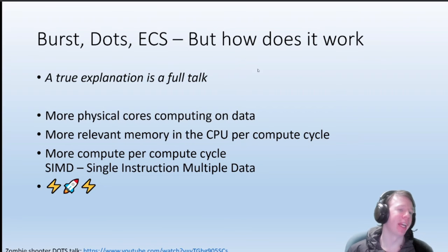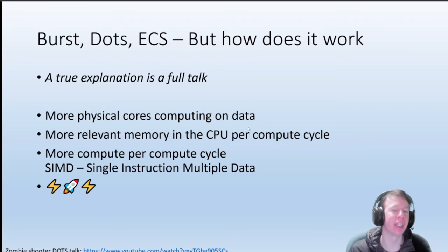If you're wondering how this works, like how is it magically 1,000x faster? One of the main reasons is that if you look at graphs of CPU performance and RAM performance, RAM is improving at a much slower rate than CPUs. So whenever you do any compute, you're getting more relevant memory in the CPU caches per compute cycle.